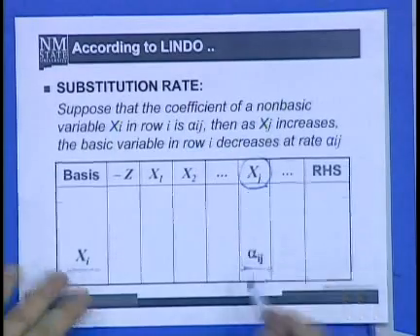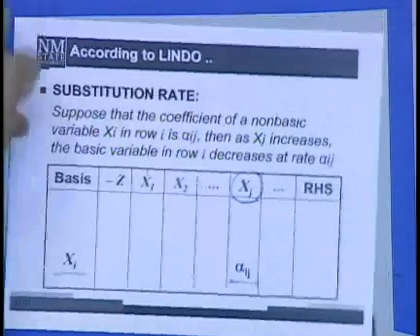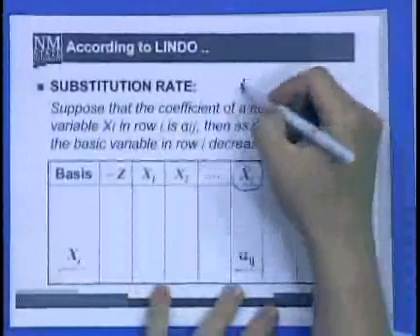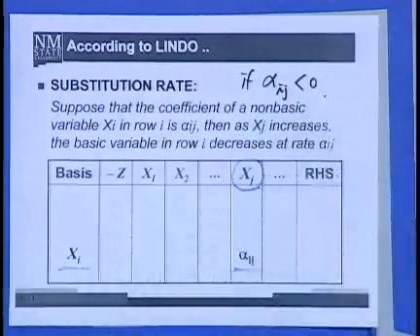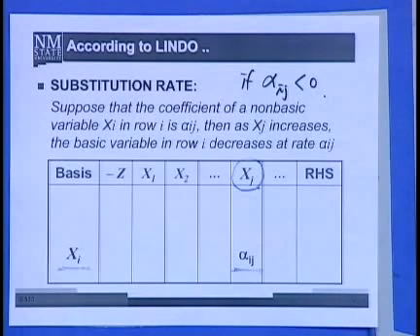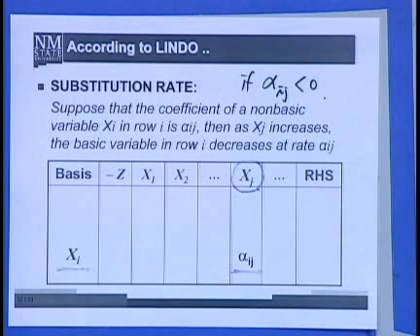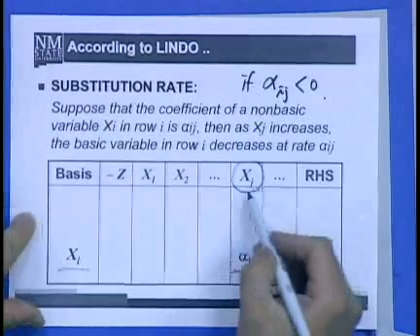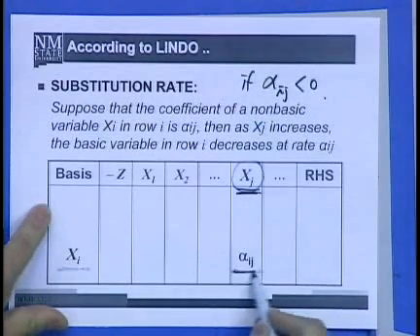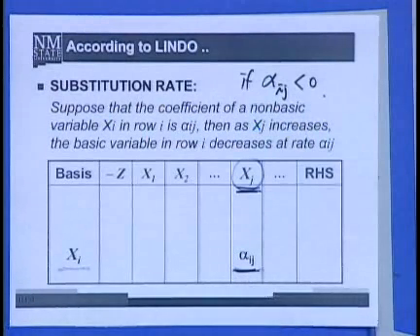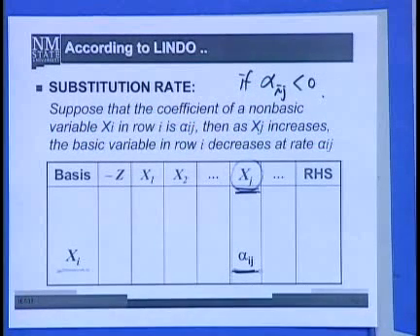Of course, if alpha sub ij is negative, this means an increase in the basic variable. So 1 unit of xj substitutes for alpha ij units of the basic variable in the optimal solution.